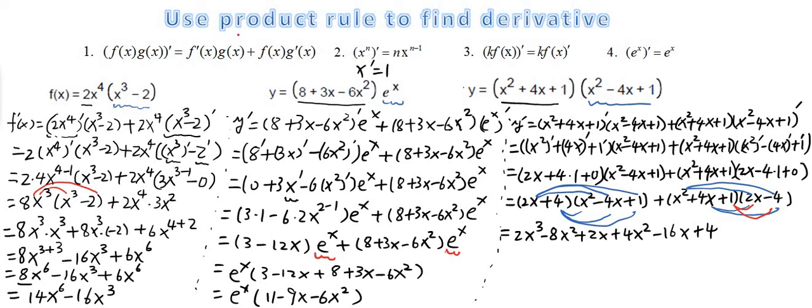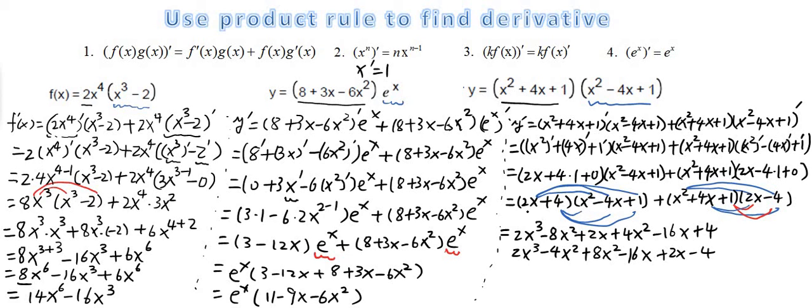So I'm going to write down on the second line. x squared times 2x is 2x cubed. x squared times negative 4 is negative 4x squared. 4x times 2x is 8x squared. 4x times negative 4 is negative 16x. Okay, and 1 times 2x is 2x. 1 times negative 4 is negative 4.